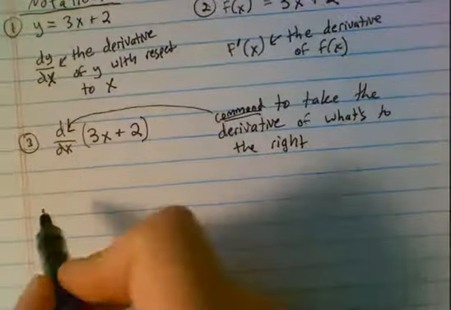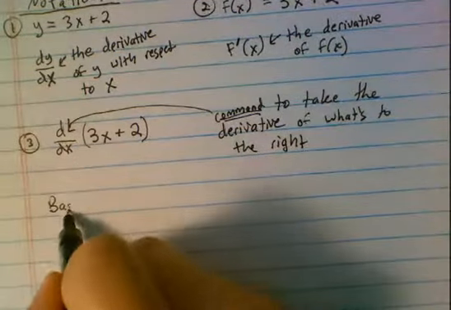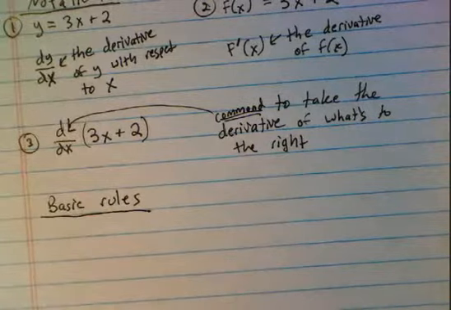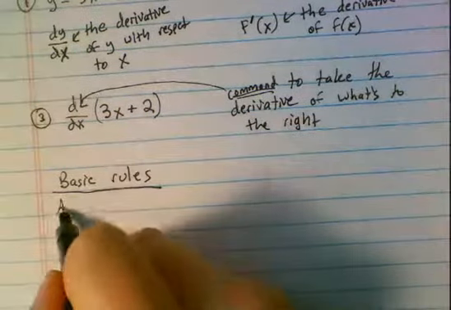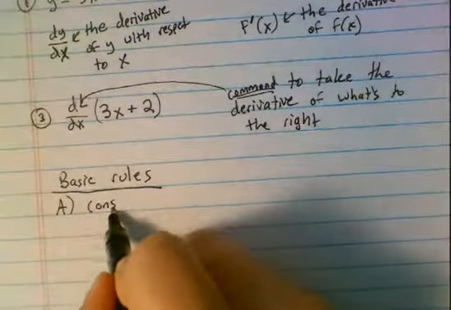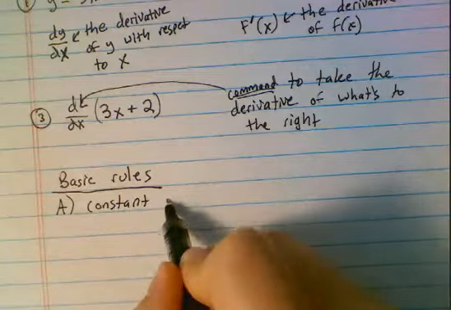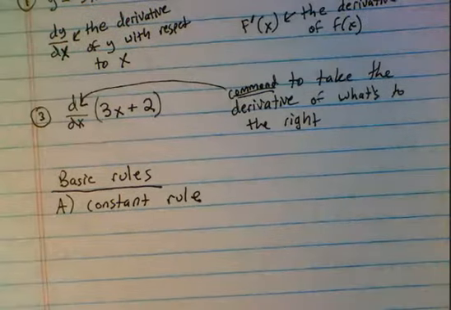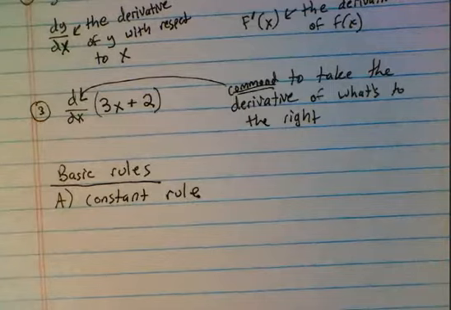Now, finally, the basic rules. The first one is called the constant rule. We're going to look at where these rules come from in the limits unit, but right now I just want you to be able to do the mechanics fluently.